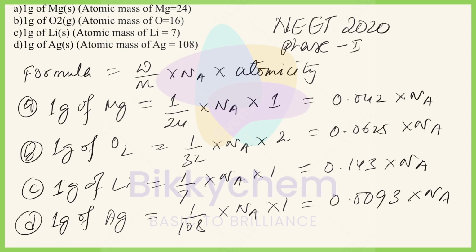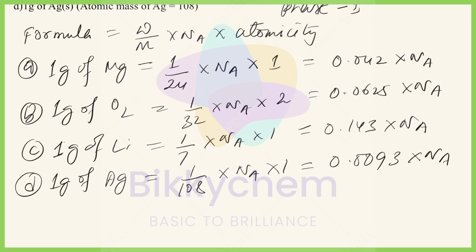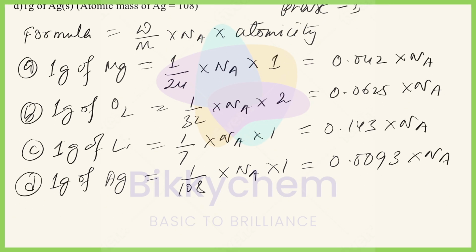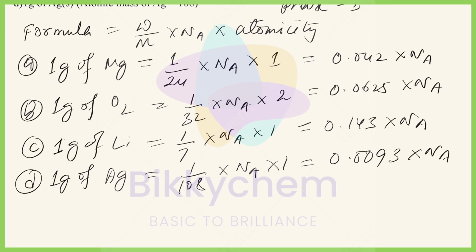So looking at all these answers for each option, we got the maximum number of atoms in the case of lithium. So option C is the right answer, which is 1 gram of lithium.